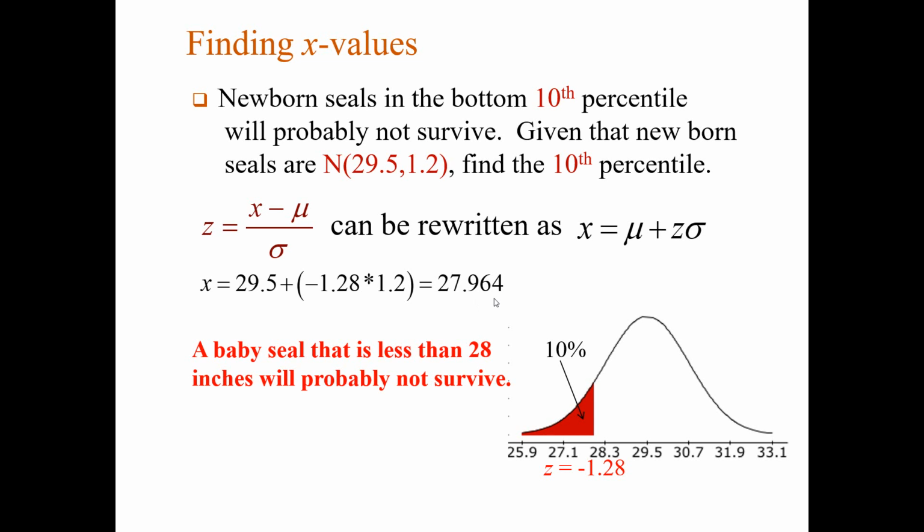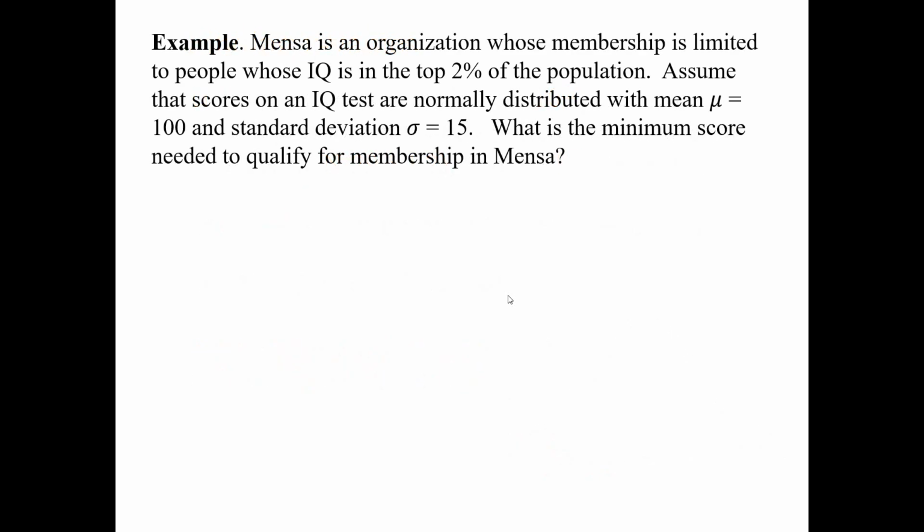So baby seals that have a length of 27.964, that's where the 10th percentile is. So anything at that length or shorter probably will not survive. I would like for you to pause the video and figure this one out and see how you do, and I'll walk you through the steps.